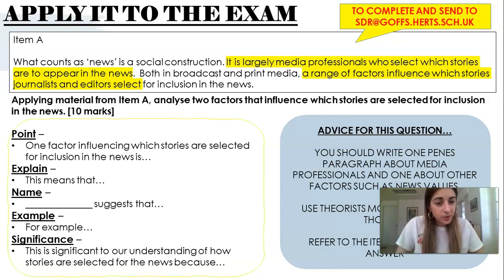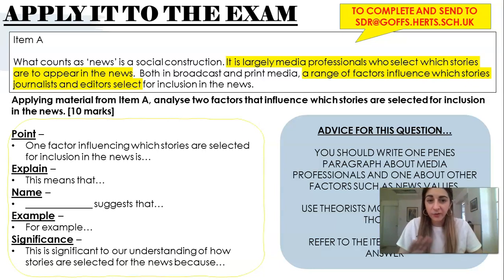In terms of your second Penner's paragraph, I would write it about other factors like news values. So you can refer to Spencer Thomas as your theorist. And in terms of a quote from the item, I'd say a range of factors influence which stories journalists and editors select. So you need to refer to the item twice in your answer, once in each Penner's.